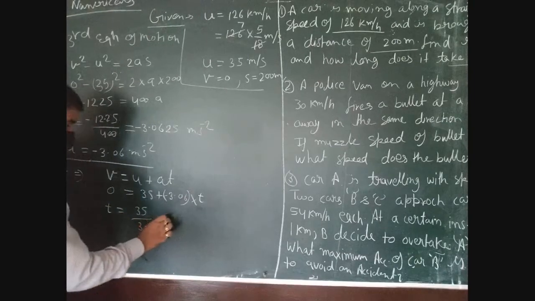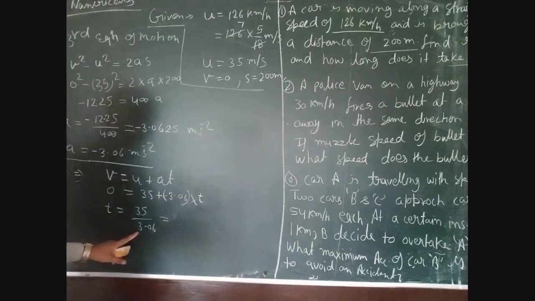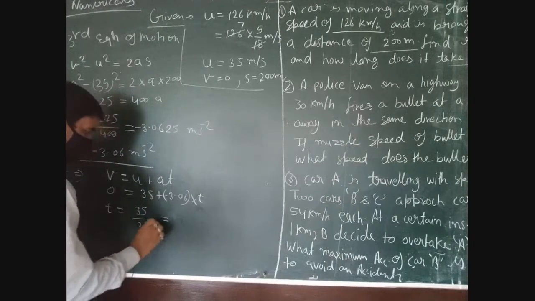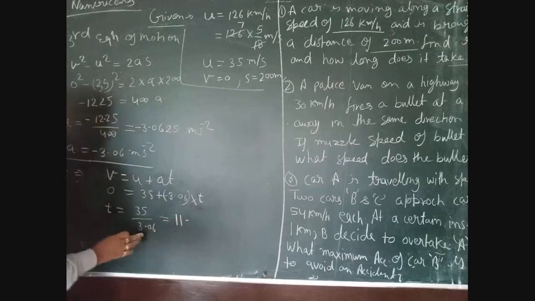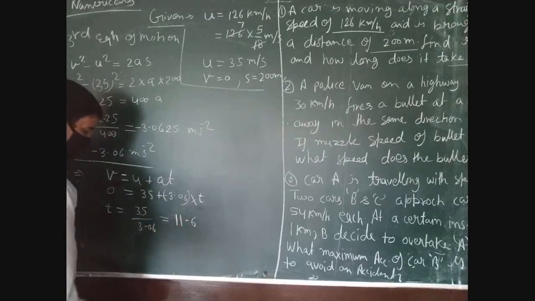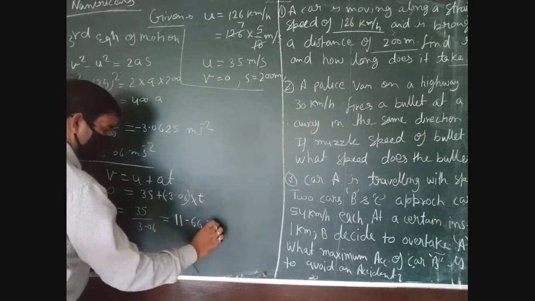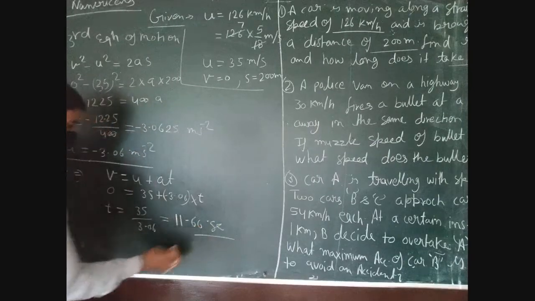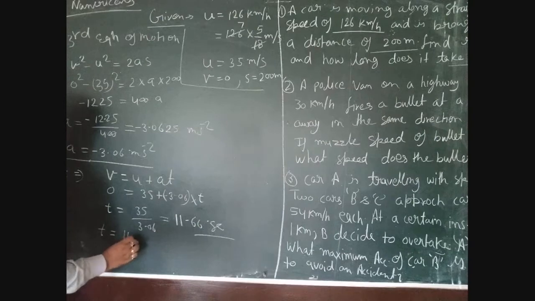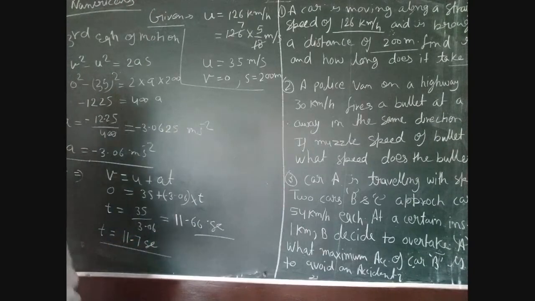So we get 11.4 seconds. So the time to bring the car to rest with the retardation of 3.06 meter per second square is 11.7 seconds approximately. Okay.